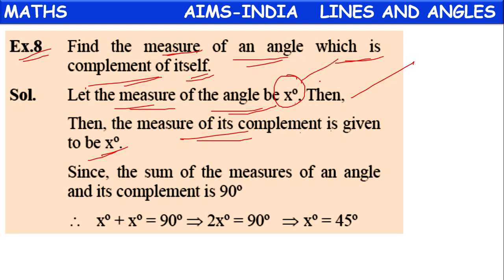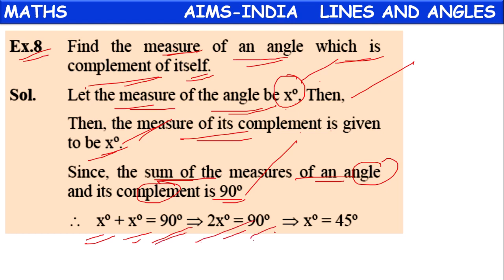The sum of the measures of an angle and its complement is always 90 degrees. So x degrees plus x degrees equals 90 degrees, 2x equals 90 degrees, x equals 90 by 2, which is 45 degrees.